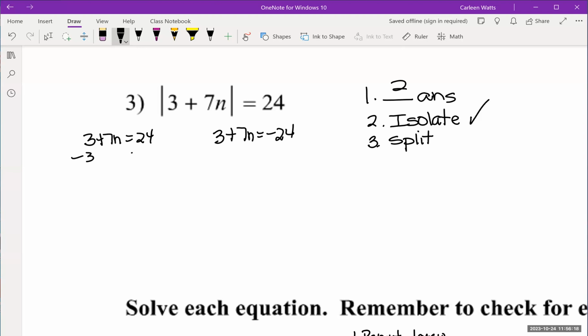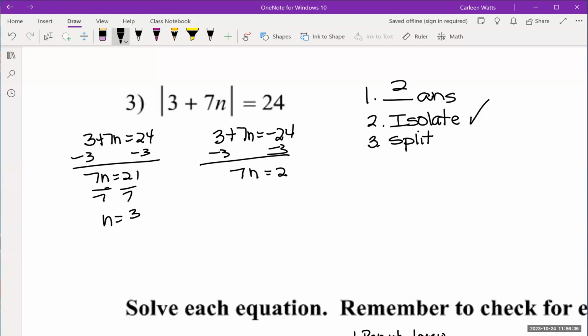So now I've got to solve 7n equals 21. Divide by 7, n equals 3. Minus 3, 7n is equal to negative 27. I don't trust myself.